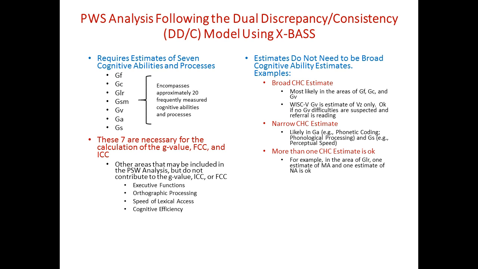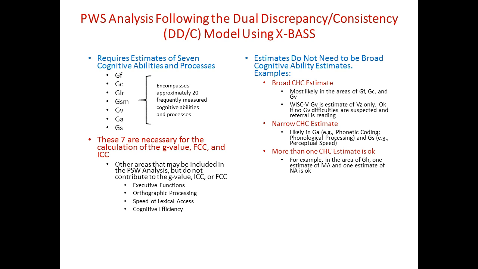So there's a lot of narrow abilities that are dispersed, if you will, across those 7 areas. And those estimates of these 7 areas are necessary for the calculation of some scores that are used uniquely in the dual discrepancy consistency model by XFAS.